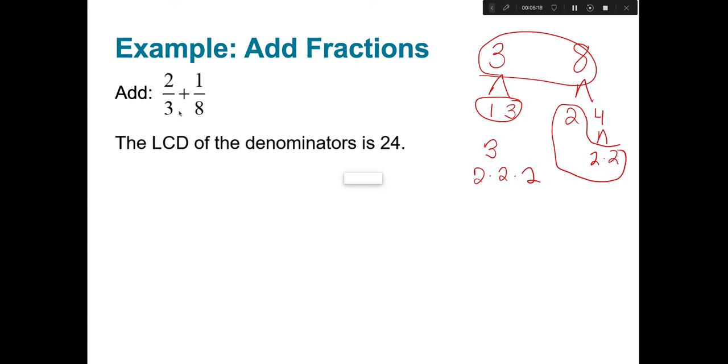And 2 times 8 is? So we have 16 24ths. And we're changing the second one to 24. So what do we have to take this fraction times? 3. 3 times 1 is? And then we do what? Add straight across.